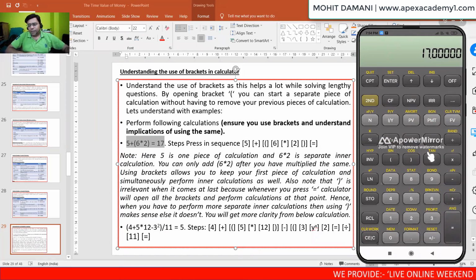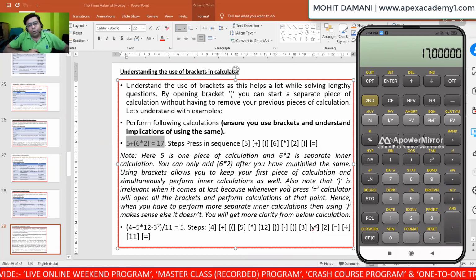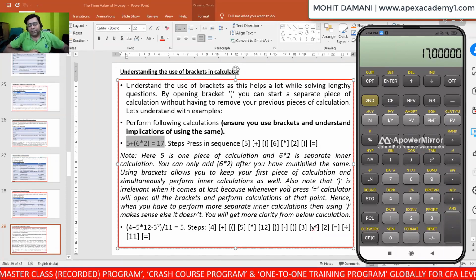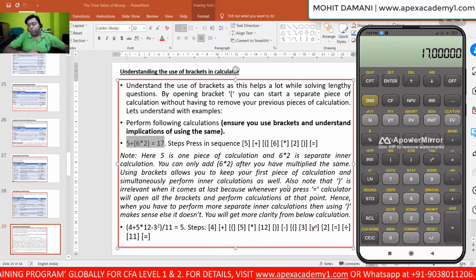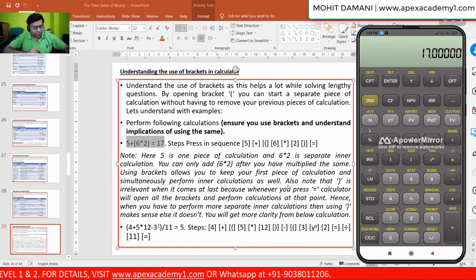Okay guys, bracket usage is something which depends purely on your practice. So the more you practice, the more you will become an expert in that. I'm only suggesting it because it saves a lot of time, especially in the calculation questions.